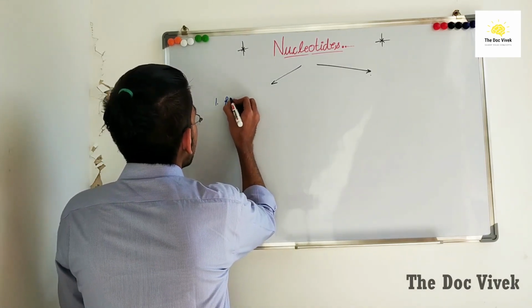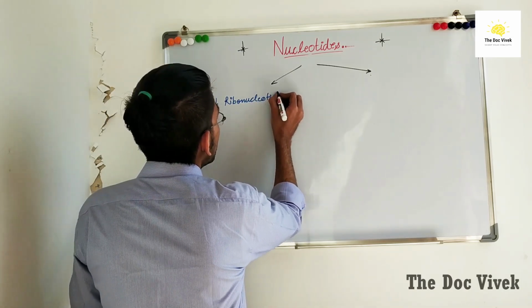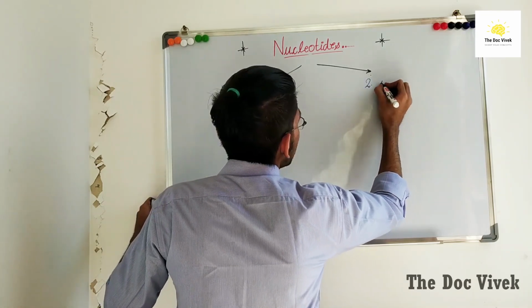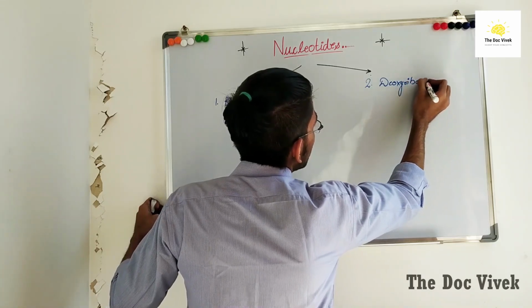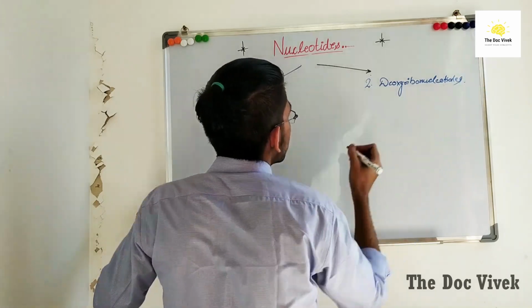First one is ribonucleotides, and the second one is deoxyribonucleotides.